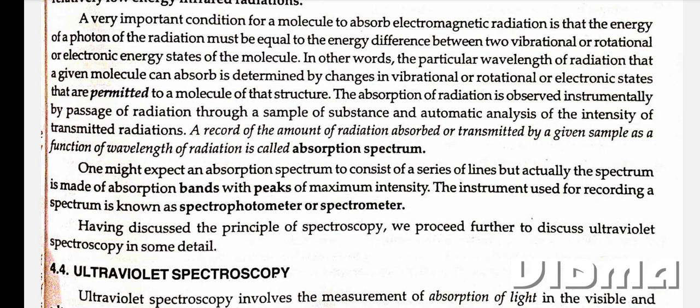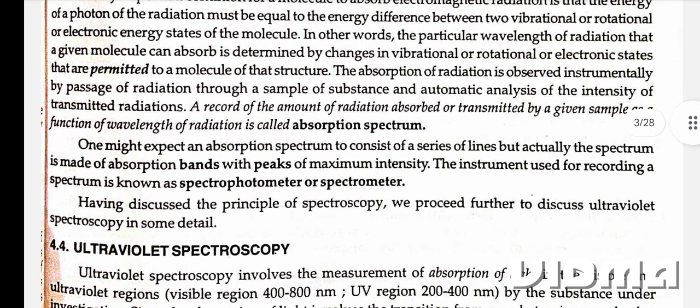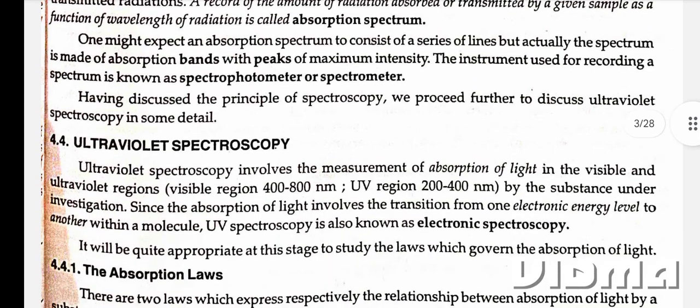The absorption of radiation is observed instrumentally by passage of radiation through a sample of the substance and automatic analysis of the intensity of transmitted radiations. A record of the amount of radiation absorbed or transmitted by a given sample as a function of wavelength of radiation is called an absorption spectrum.